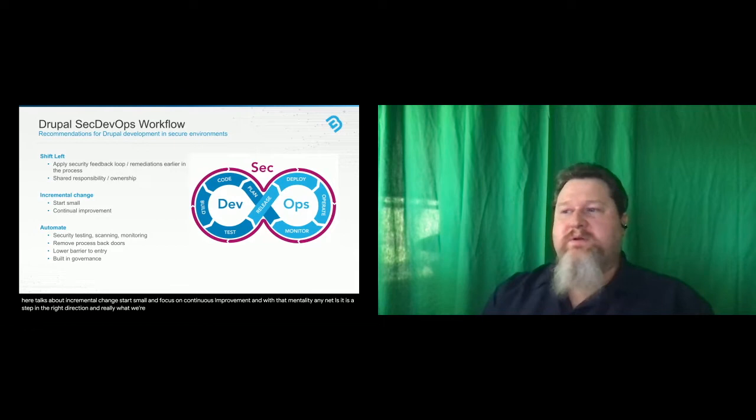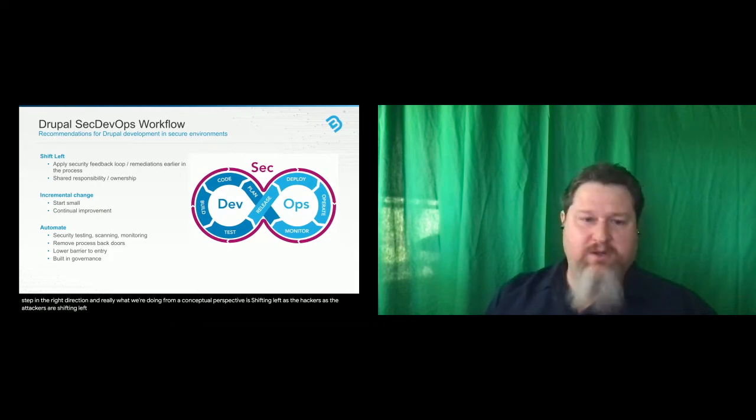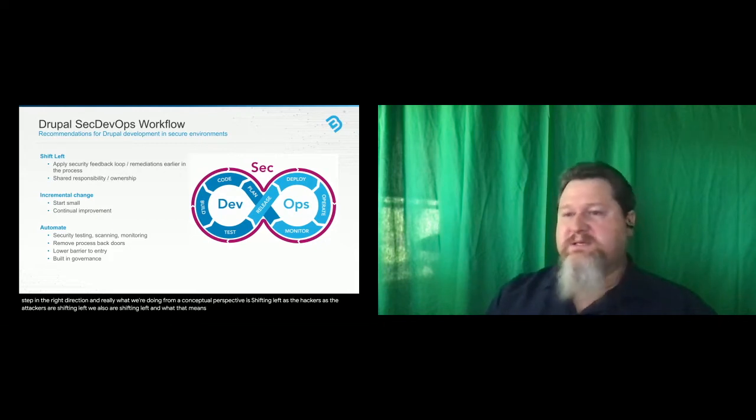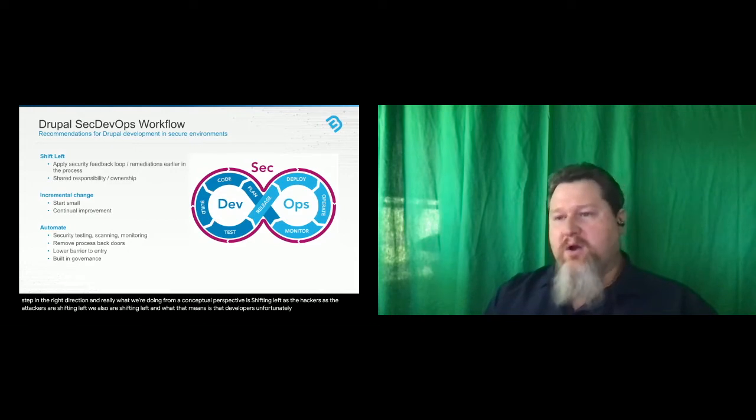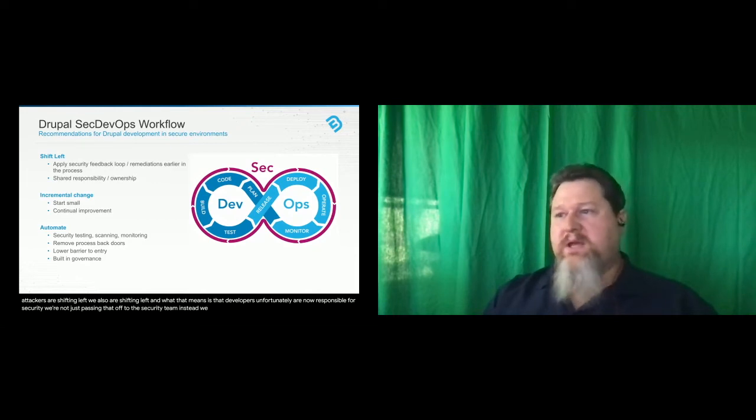And really what we're doing from a conceptual perspective is shifting left. As the attackers are shifting left, we also are shifting left. And what that means is that developers, unfortunately, are now responsible for security. We're not just passing that off to the security team. Instead, we as developers have to be part of the process.